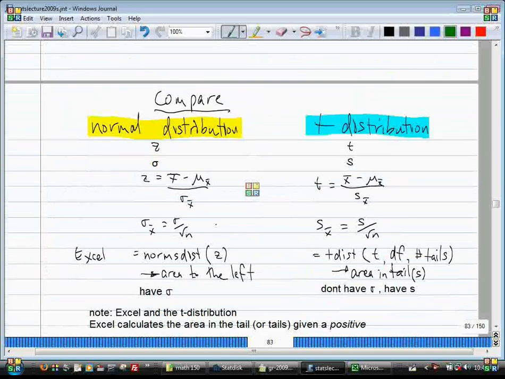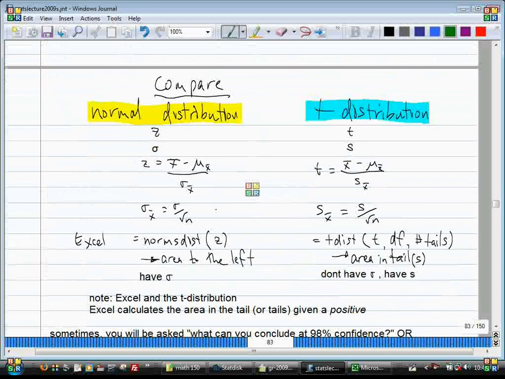Really quickly, what I have in the notes here is a comparison between normal distribution and t distribution. As we just saw, everything is basically the same, but a little bit different. So this chart represents a summary of all those things. The t or z value is called the test statistic.